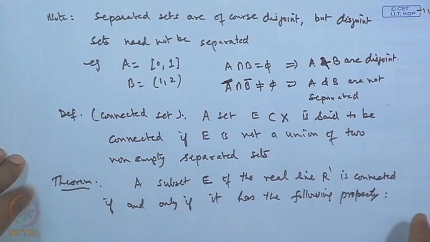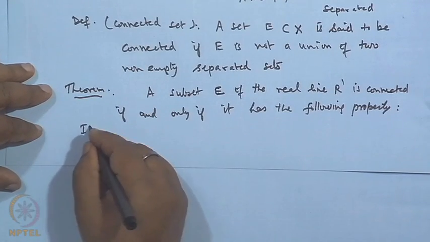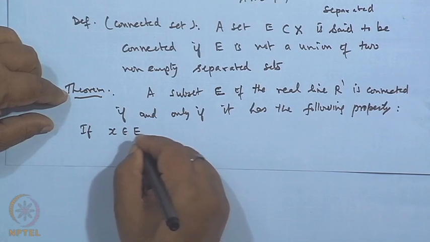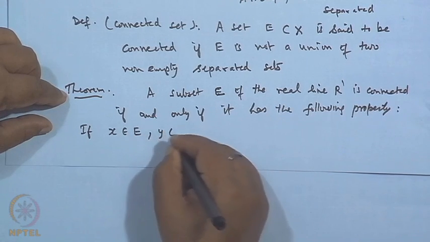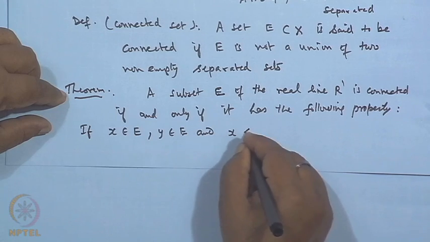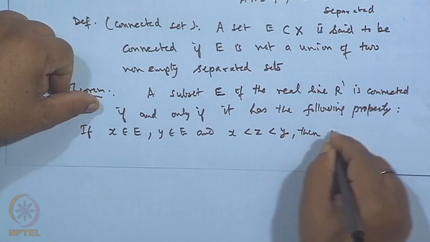The property says if x belongs to E, y belongs to E, and x is less than z less than y, then z is also in E.